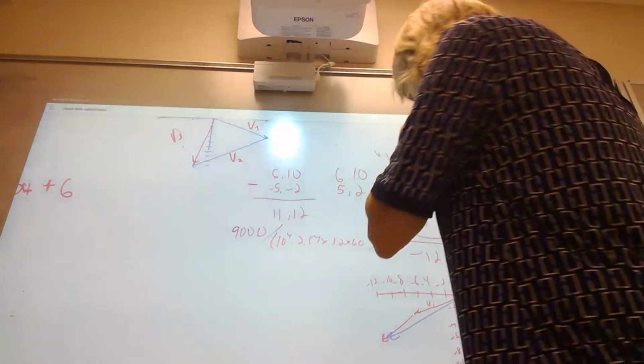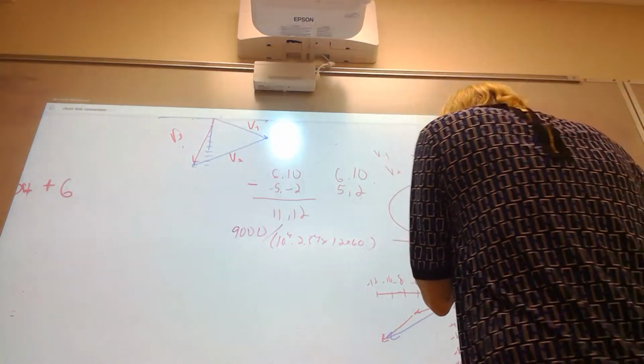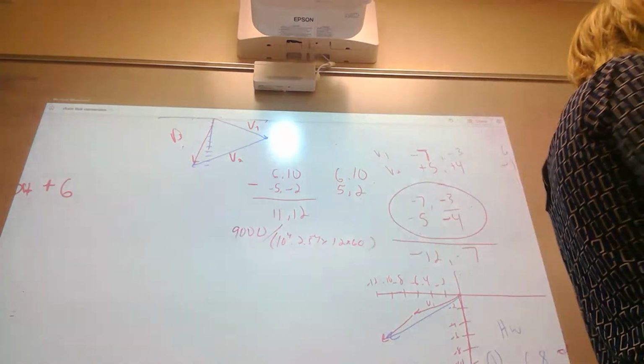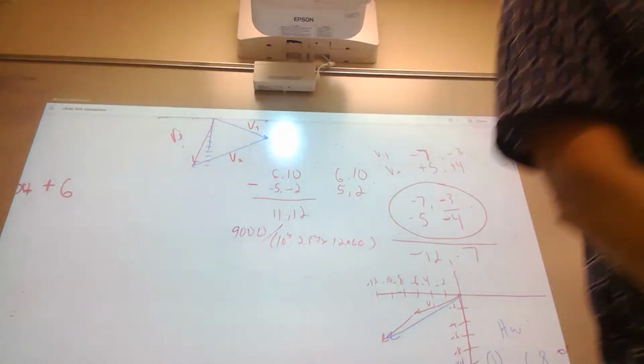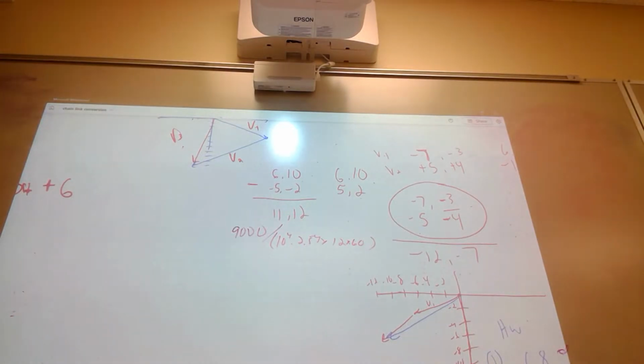After that, you go left 1 and down 7. Okay, now we're going down 7 and left 1 from here. Great.